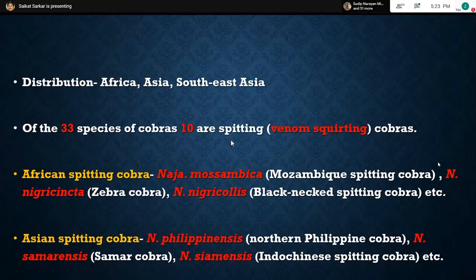We have spitting cobras in Asia as well as in Africa. Most of them, six to seven, are in Africa, and three or four we can find in Asia also. Our Naja kaouthia can sometimes squirt venom when agitated too much.